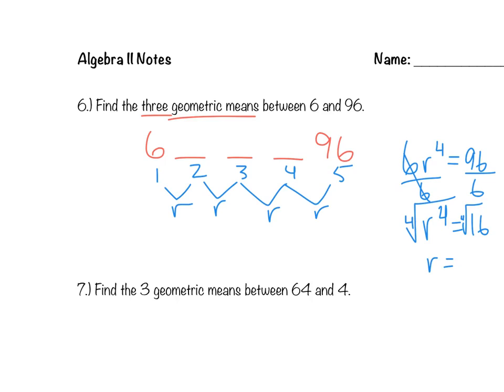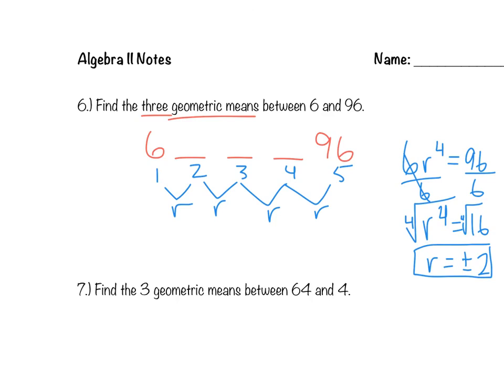Technically, when we're working with real world problems here, the 4th root of 16 is plus or minus 2. Just like the square root of 16 was plus or minus 4. Anytime you're dealing with even roots, like square root or 4th root or 6th root or 8th root, you have a plus or minus issue.